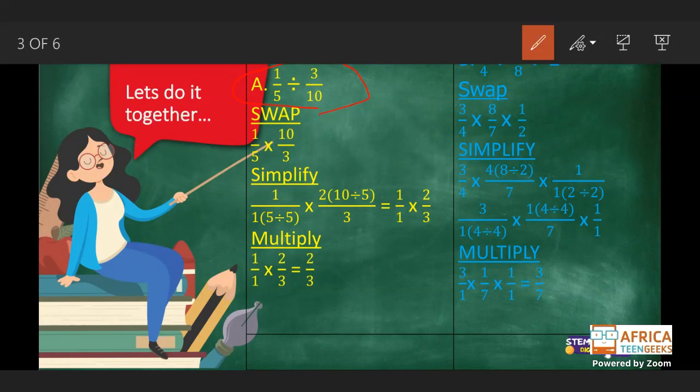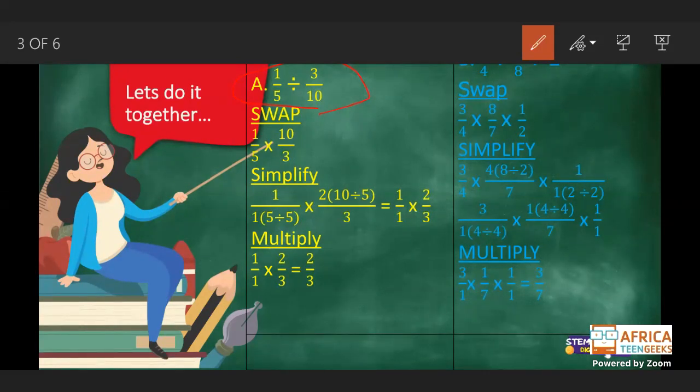So the first step that you need to do is to swap. You will swap the second fraction, the last fraction. Our last fraction was 3 over 10, so you need to swap that, and when you do, it's going to be 10 over 3.